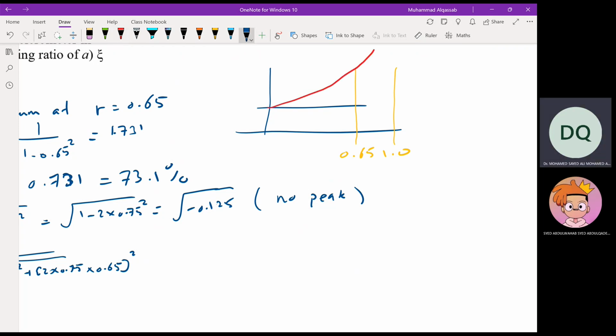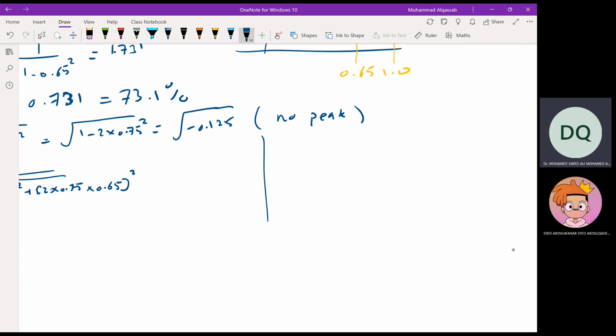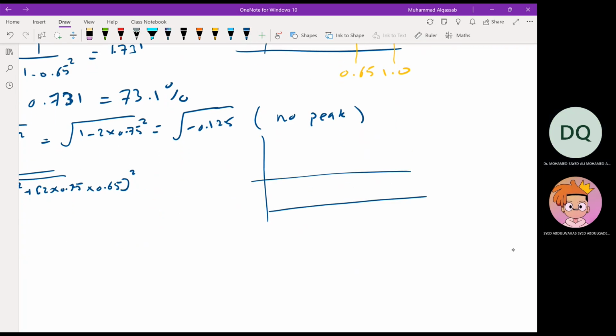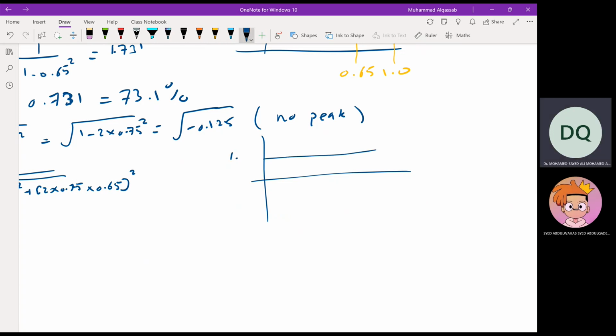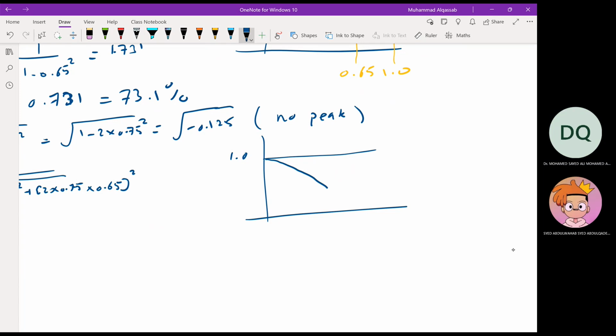The graph for zeta equal to 0.75: this is 1, and it will go downward this way.